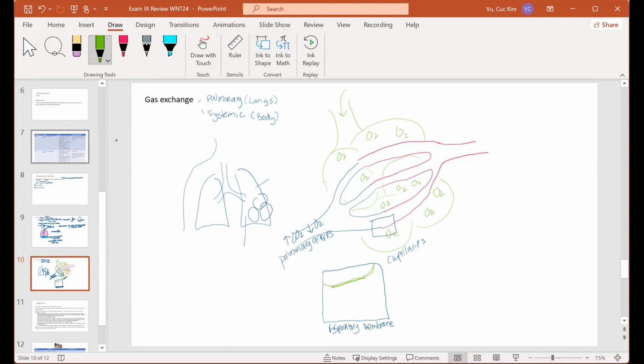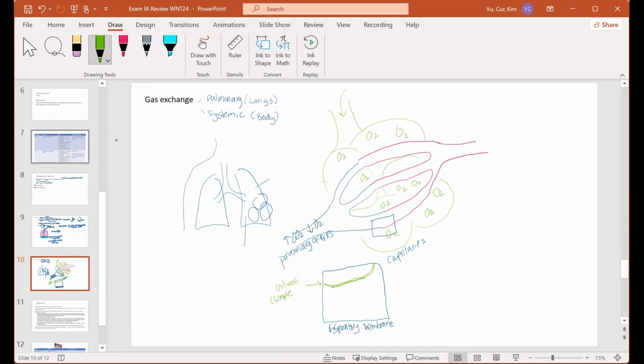And the alveoli has what cells that allow for exchange? The alveoli has what type of cells that allow for the exchange?